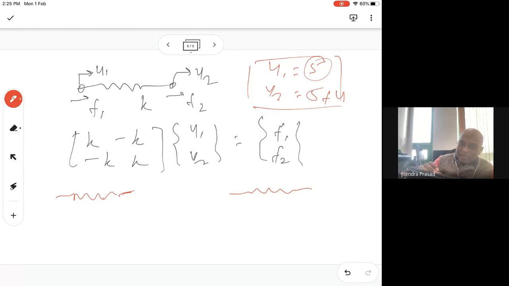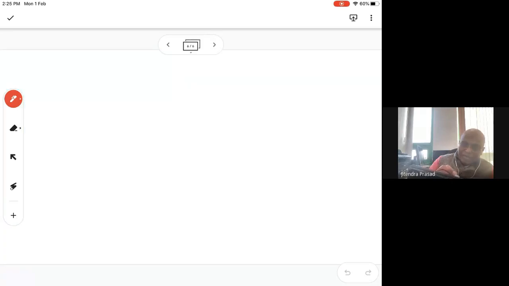Okay, let's see. I show you one example. Let us say you have a force here. Let us say force is 2, and k is 1. So u will be equal to f over k, and this is 2 over 1 equal to 2.